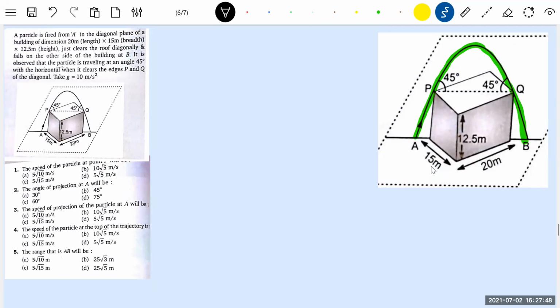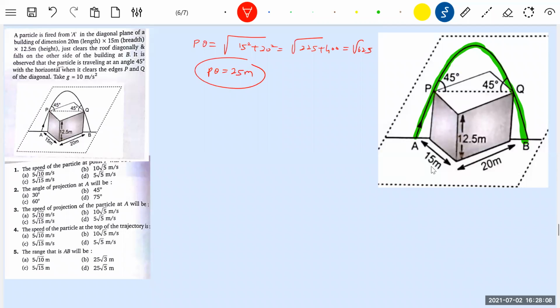So can we find out PQ first? PQ is equal to 15 square plus 20 square, 225 plus 400, 625. So PQ is equal to 25 meter.